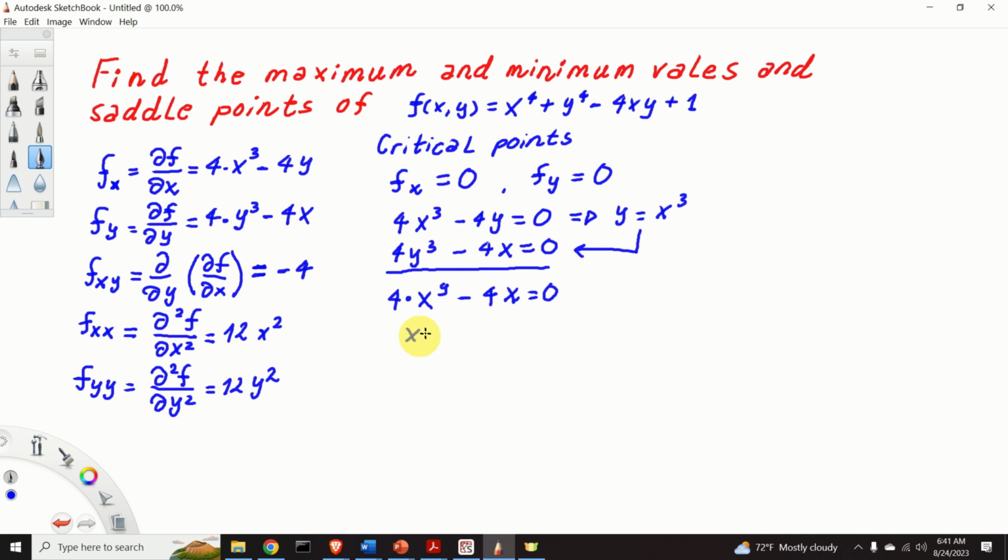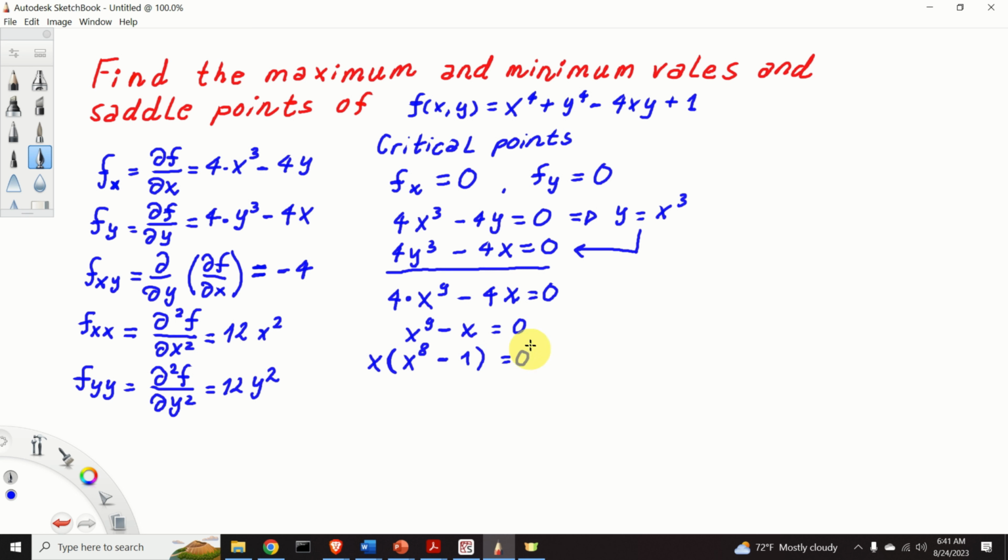That is, x to the power 9 minus x is equal to 0.